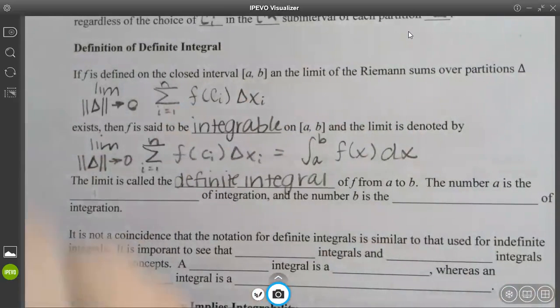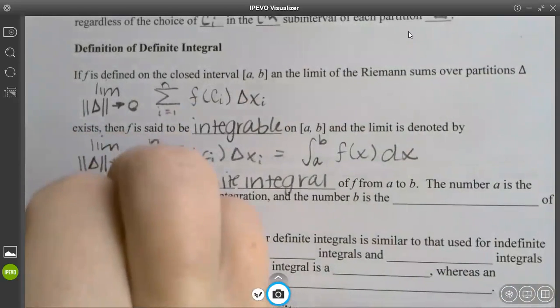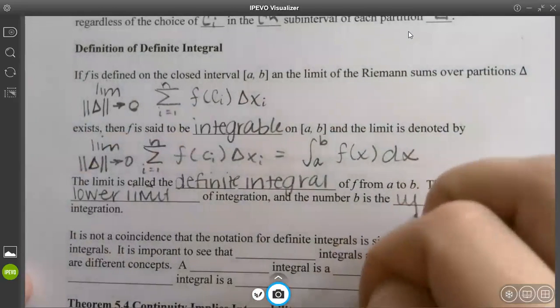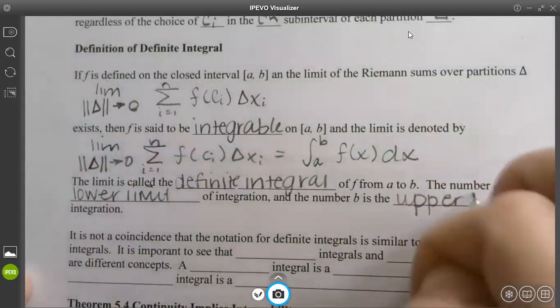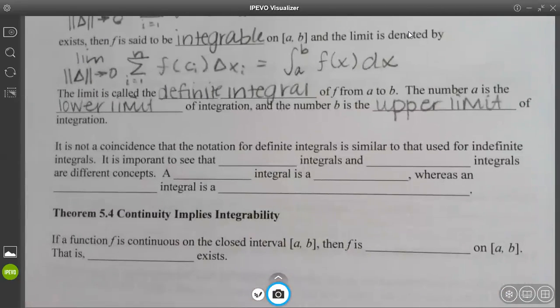The number a is the lower limit of integration, and the number b is the upper limit of integration. It is not a coincidence that the notation for definite integrals is similar to that used for indefinite integrals.